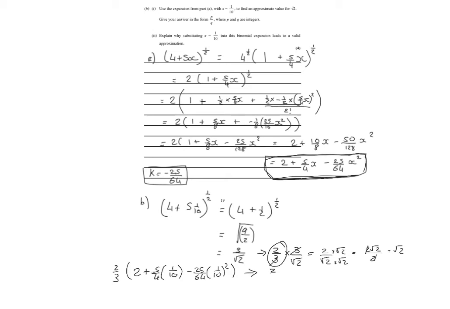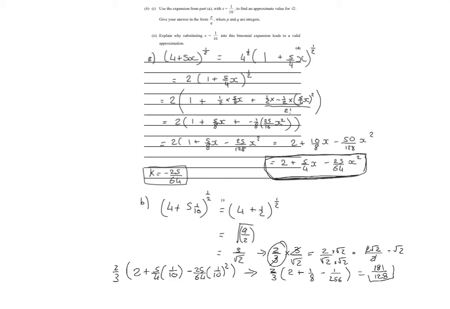So if we simplify this, we get 2/3 bracket 2 plus an eighth, if we do 5/4 times a tenth, and then minus 25 over 64 times 1 over 100, which would leave me with minus 1 over 256. Again, simplifying further, that leaves us with 181 over 128 as our final answer.